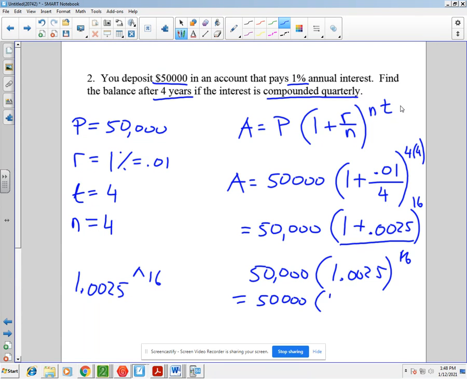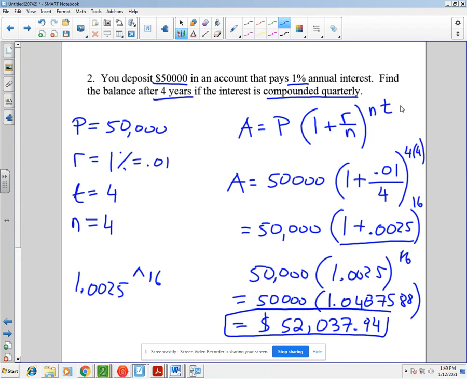So this will become 50,000 times 1.0407588 and so on. And if you multiply the two numbers, the final answer is $52,037.94.